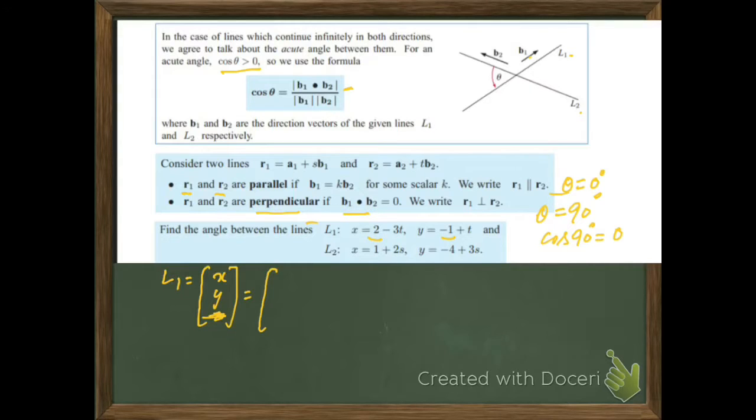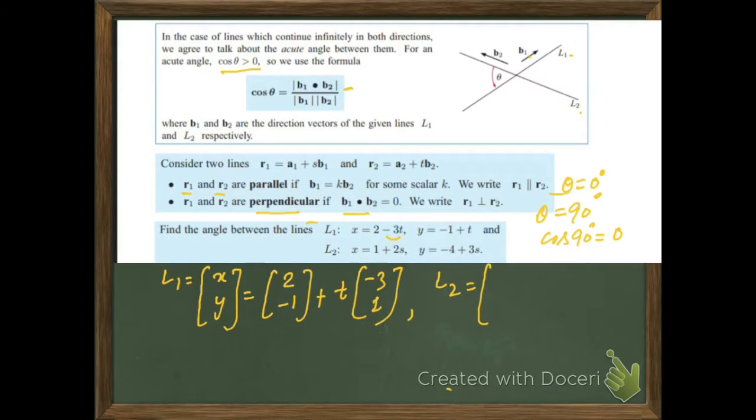So (x, y) equals (2, -1) plus t times (-3, 1). Similarly you have L2. L2 is (x, y) equals (1, -4) plus s, another parameter, times (2, 3).